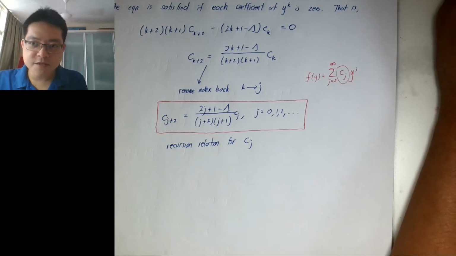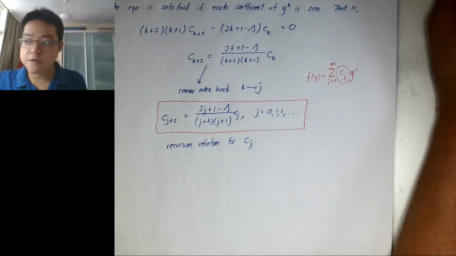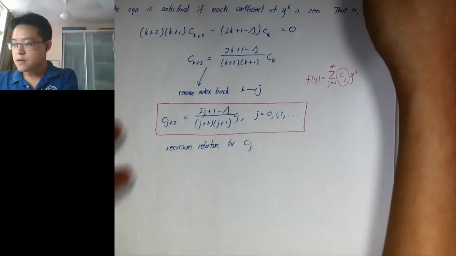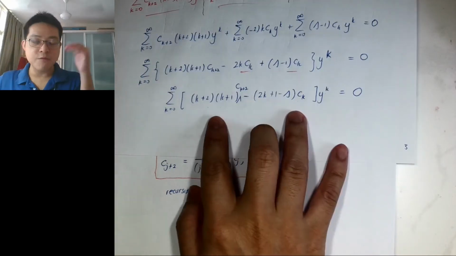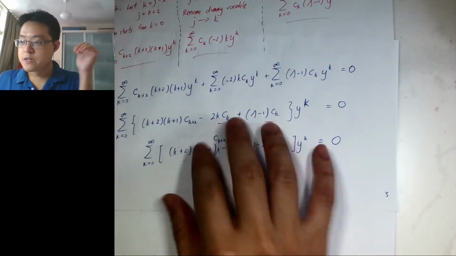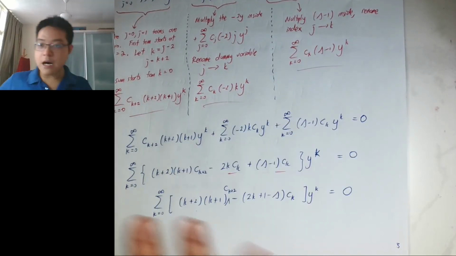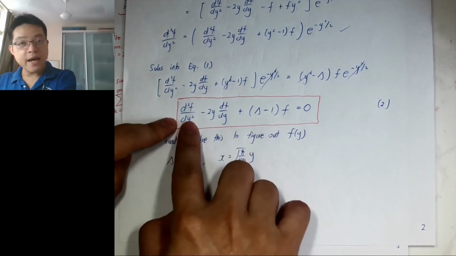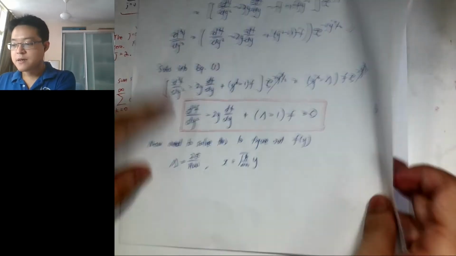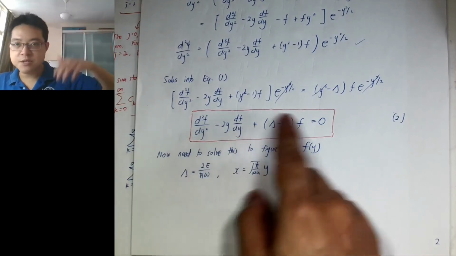Okay, so the question Wei Zheng is asking is why the equation is satisfied if all the coefficients are 0, because we have reduced our equation into this, right? So remember how we did this? This was our differential equation, but if I write f as a power series, then this one is a summation with c_j, this is another summation, this is another summation.